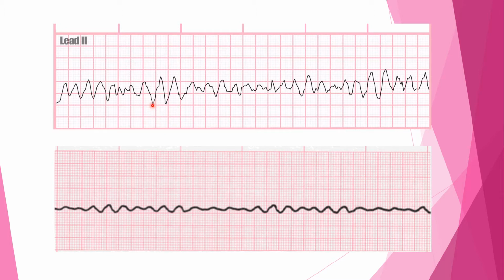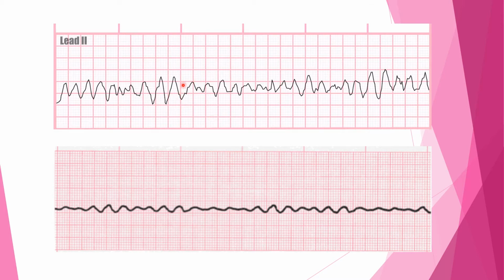From here up to here is 5 millimeters, up to here 10 millimeters. So the amplitude is about 12 millimeters. This one is about 12. Here, maybe more than 7 millimeters. This is coarse VF because the majority of the waves are more than 3 millimeters.